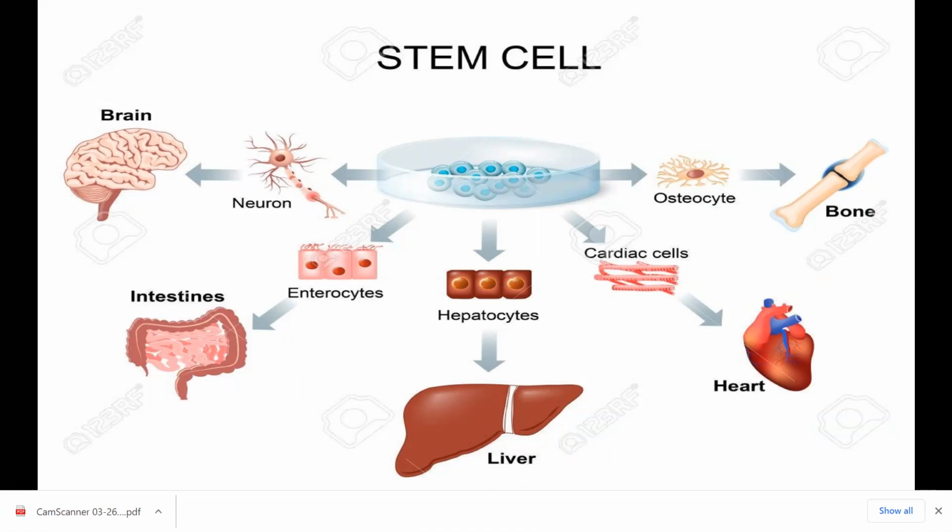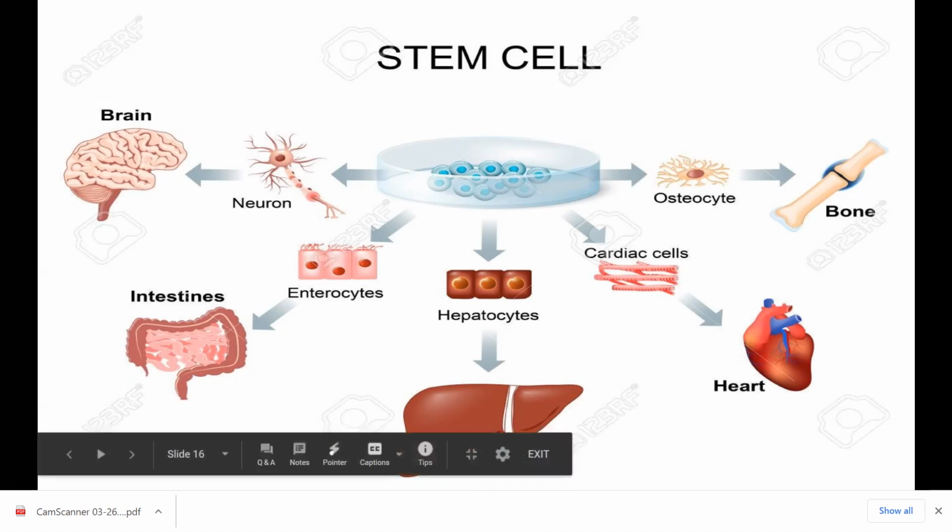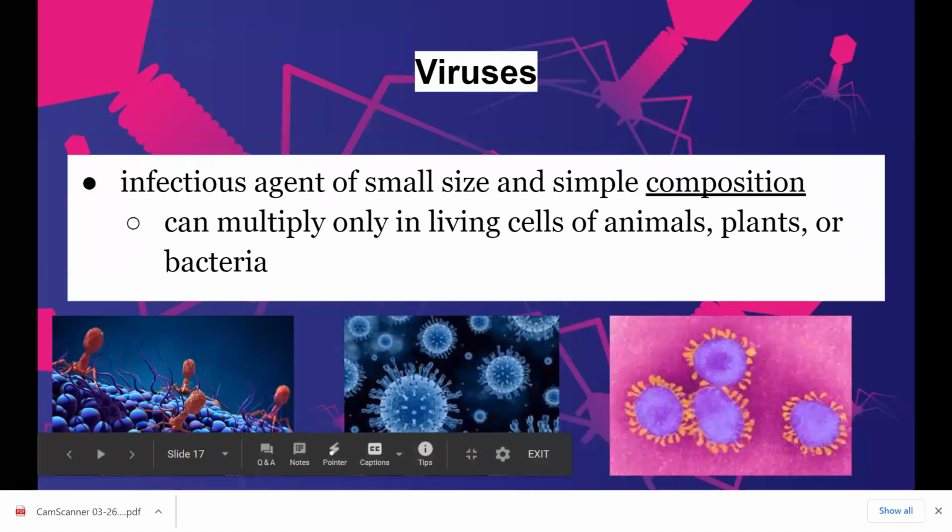Because if you have a Parkinson's patient or an Alzheimer's patient with a bunch of neurons that are degenerating and not working right, if you could use stem cells to push them towards differentiating into neurons and then have new neurons that aren't damaged yet, that could be a very groundbreaking treatment for Alzheimer's, for Parkinson's, for horrible, horrible diseases that wreak havoc on so many people. So that's part of the reason why stem cells are really important.